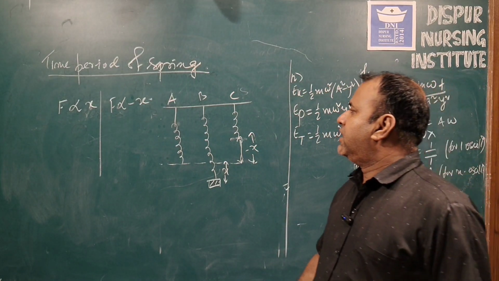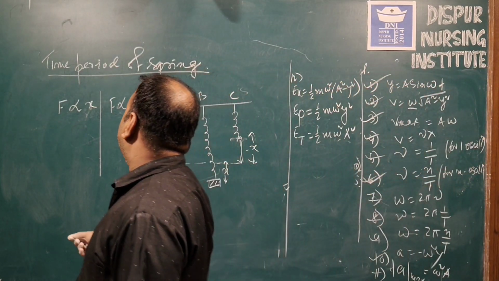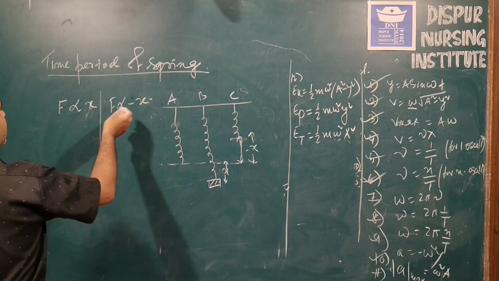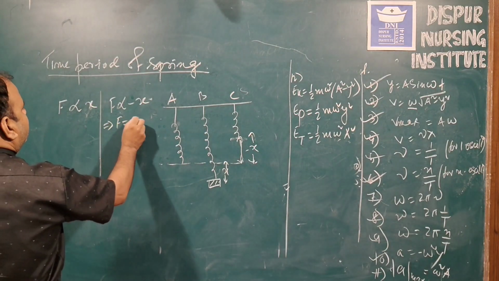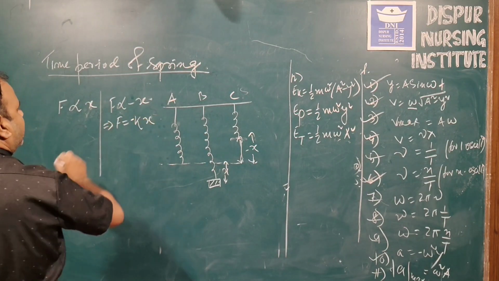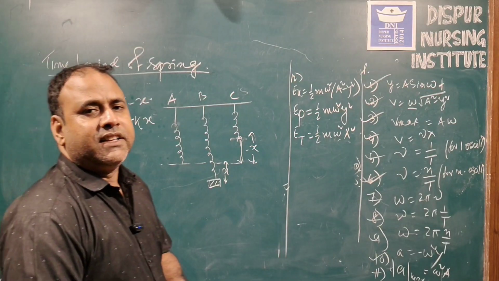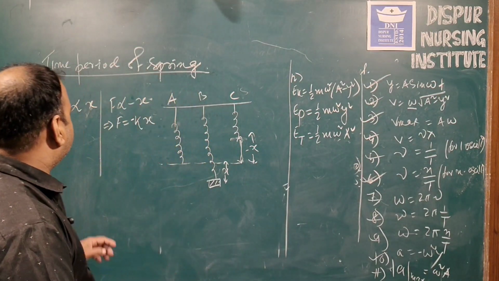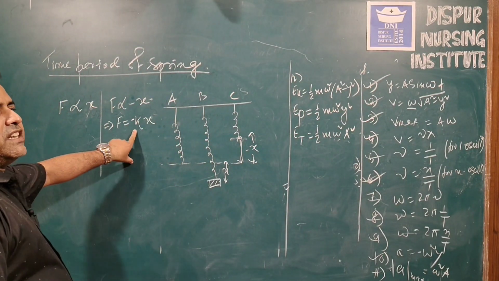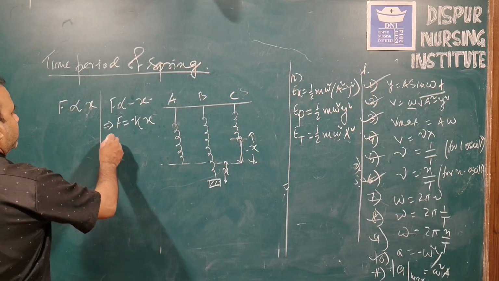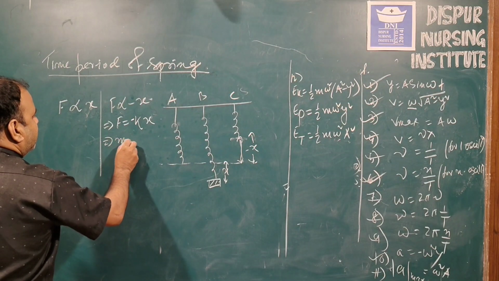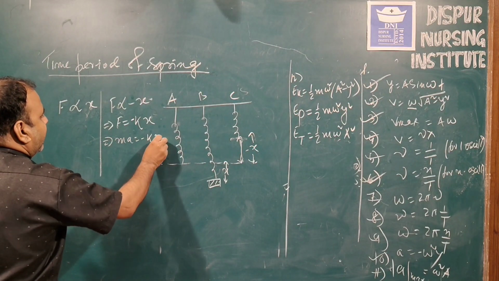Suppose I am taking these conditions. So F is equal to Kx. What is the meaning of K? K here is the spring constant. So the spring constant is represented by K. So we can write F, that means ma, is equal to minus Kx.